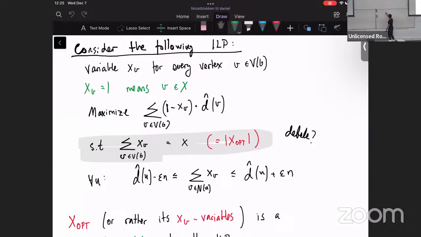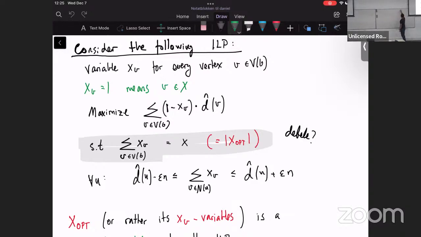Imagine that I give you a graph G, and in that graph there is some unknown set X. I don't know it. For every vertex, he has some neighbors. I know what the neighbors are, but I don't know which neighbors are in X and which are not. For every vertex v, he has some true degree into X. I don't know this true degree.